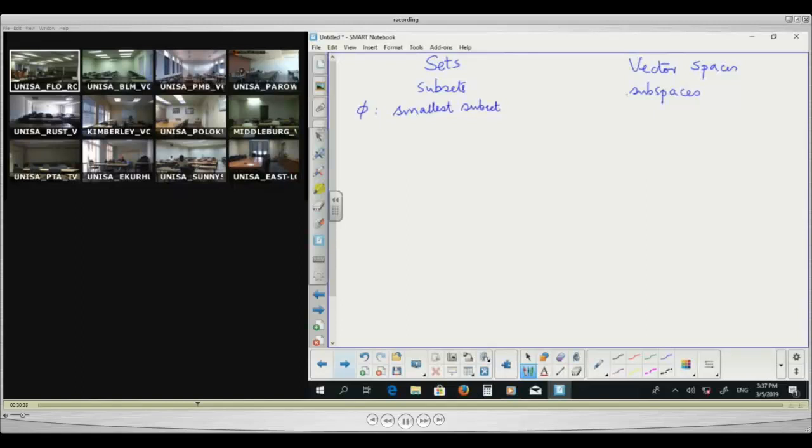Over here X was the set, here V was the set. So X was the largest subset. Here V is the largest subspace.